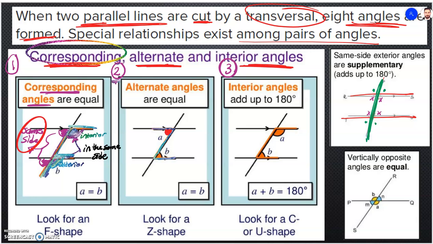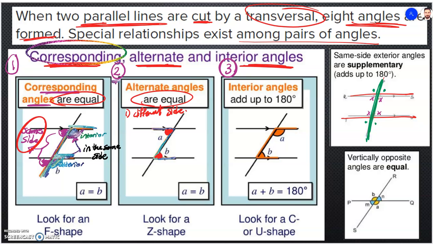One of them is interior left and the other one is interior right. Different sides, not the same side, and they are also equal in measure. Remember, corresponding angles are equal. Alternate angles are also equal.